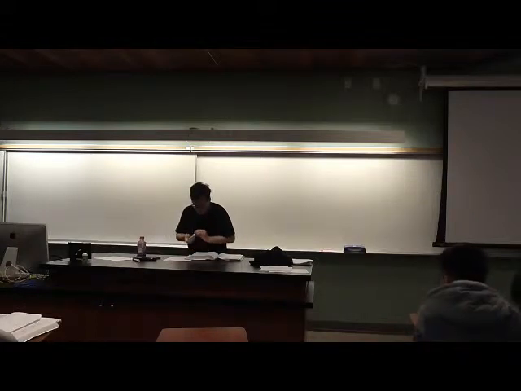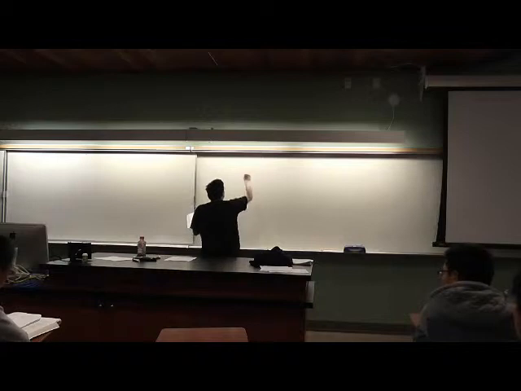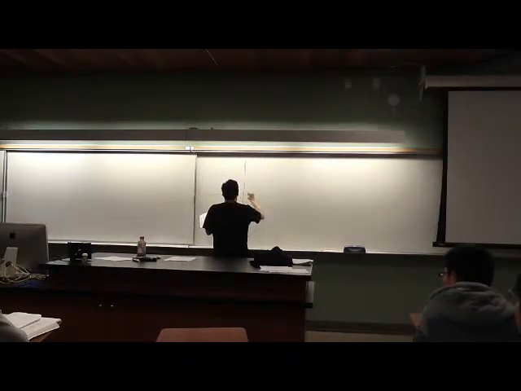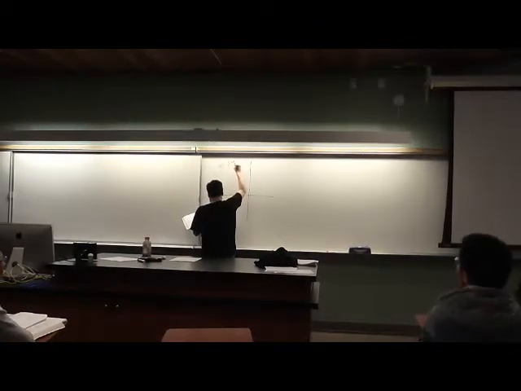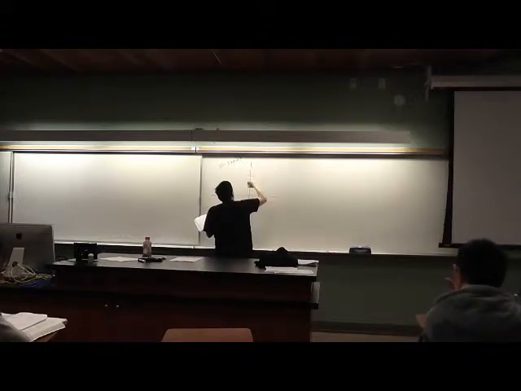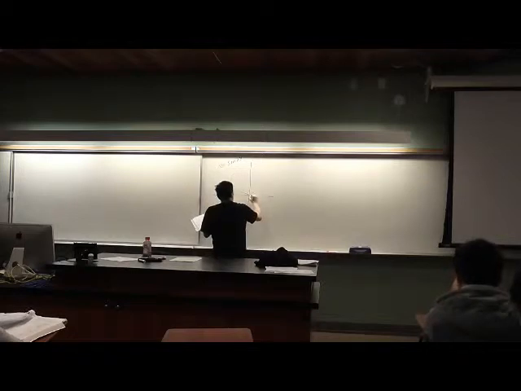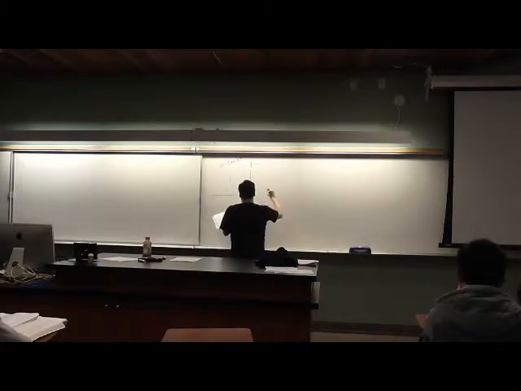So there are two functions. We have x equals minus sine of 2y, and that kind of looks like this: a sine curve on its side, or if you like, an inverse sine curve.